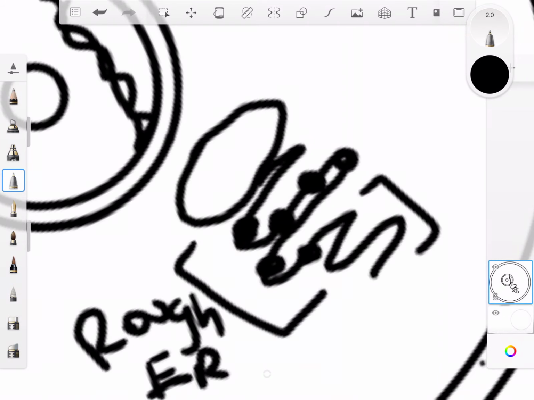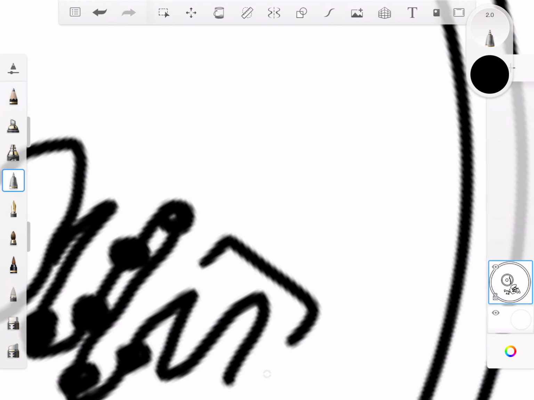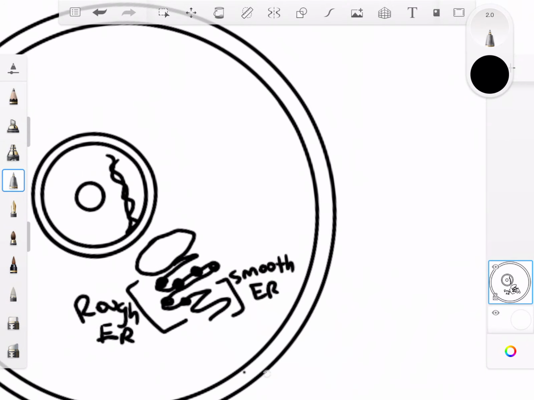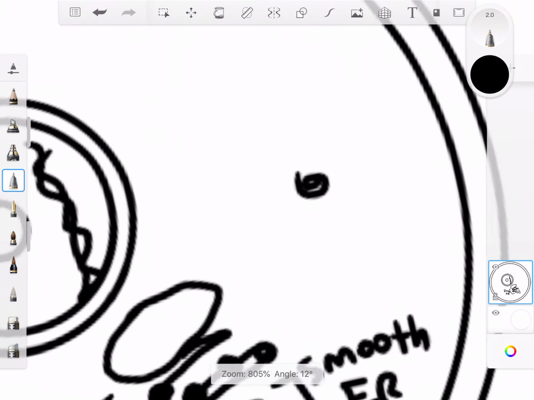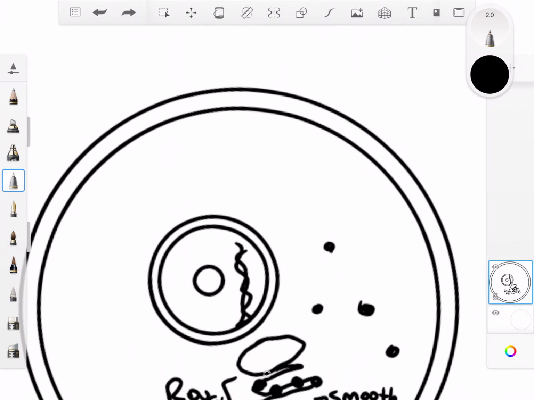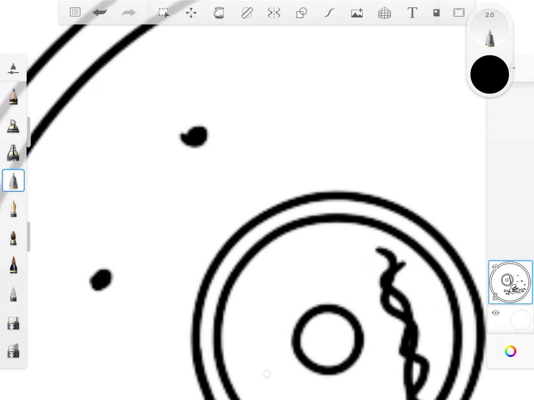And this little portion right here we're going to call the smooth ER. But around we also have some free-floating ribosomes. We have one here, one here, and some over here.